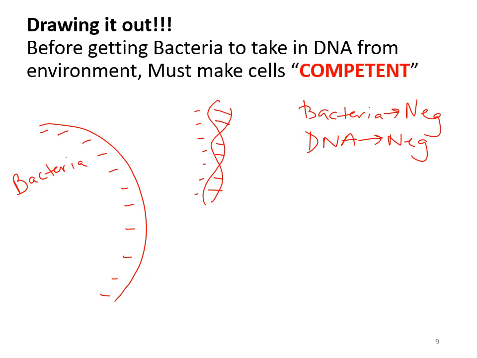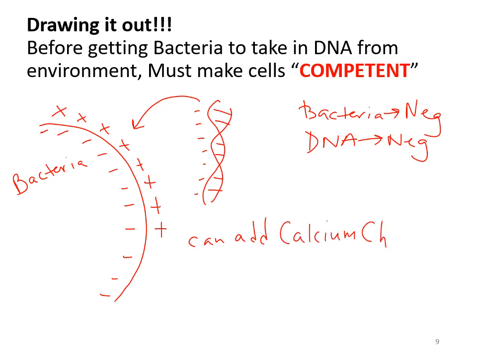So how do you get that DNA to become attracted to the bacteria? You make the bacteria competent by coating it in positive charges. And one of the ways we usually do that is by adding calcium chloride. What that does is, when you put that calcium chloride into the transformation solution, the calcium and the chloride separate from each other, and calcium is highly positively charged.